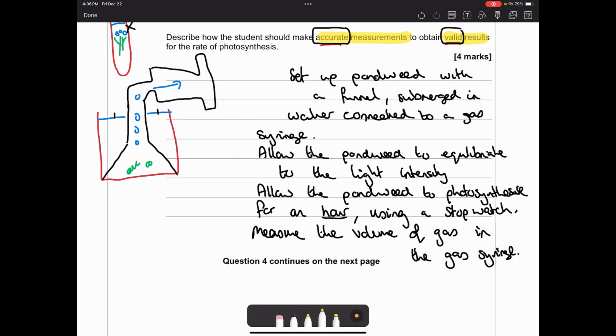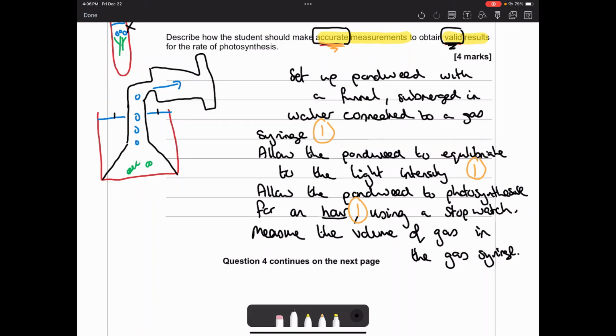So you have made it accurate because you're using a gas syringe, 1 mark. You've allowed it to equilibrate to the light intensity. You haven't just put the pondweed in and just let it go. You've allowed it to settle to the conditions, and you've recorded the amount of oxygen made in a certain amount of time. That has all made it accurate.